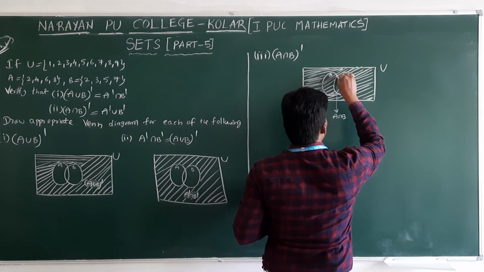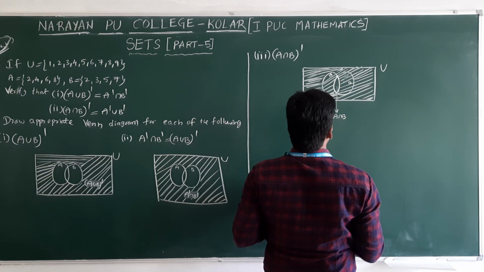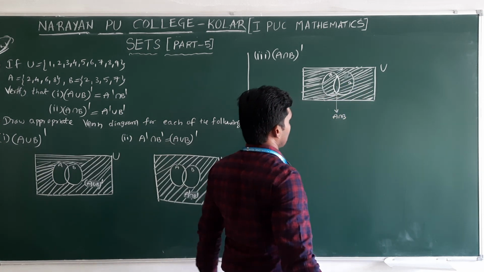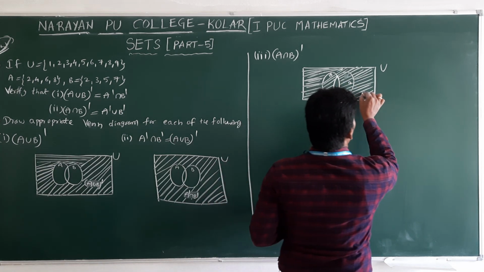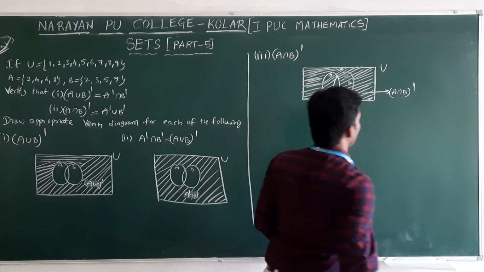This part I am not shading because we need A intersection B whole dash. The remaining part is shaded. That's why this complete part we call A intersection B whole dash.